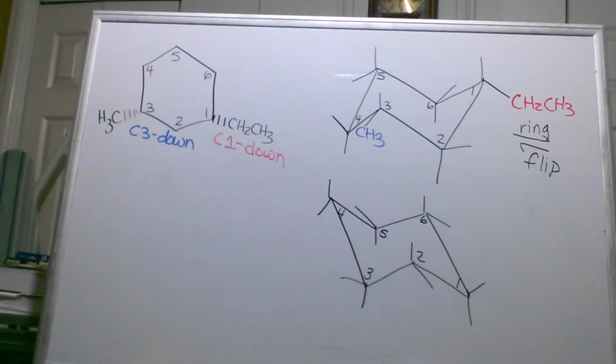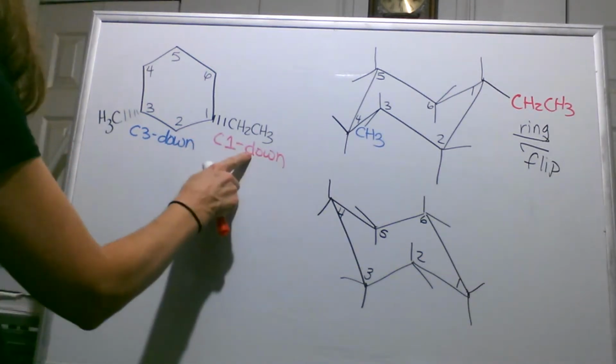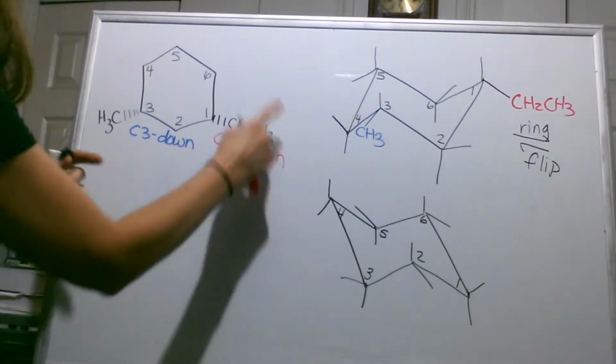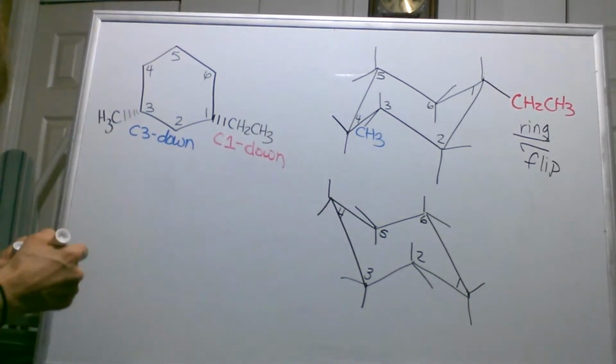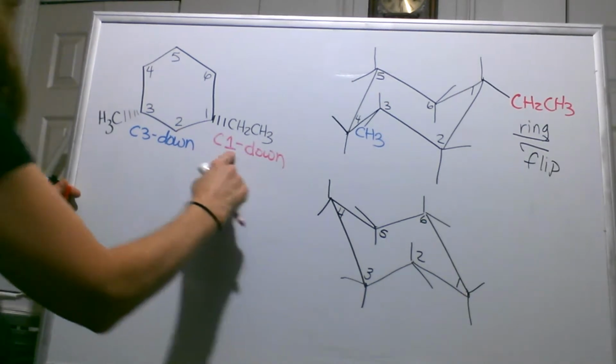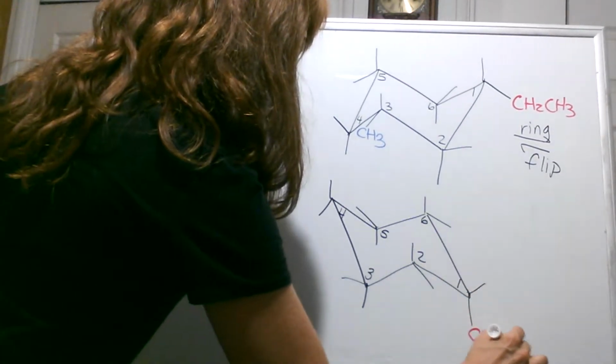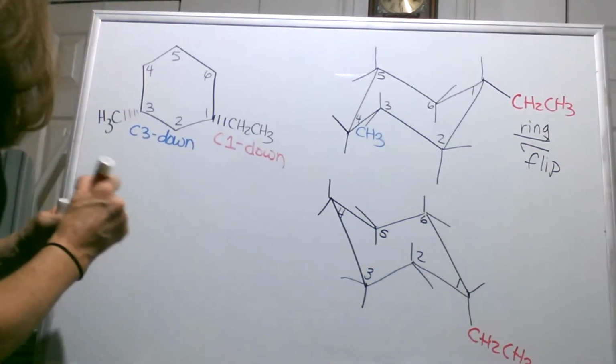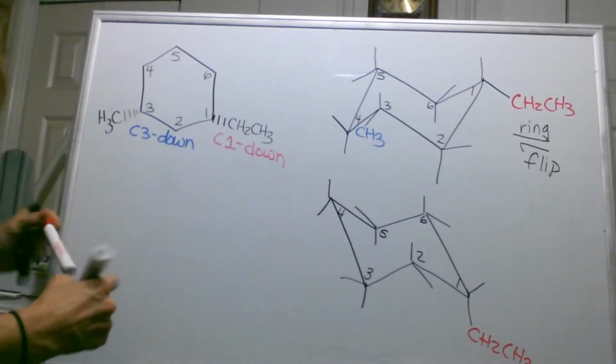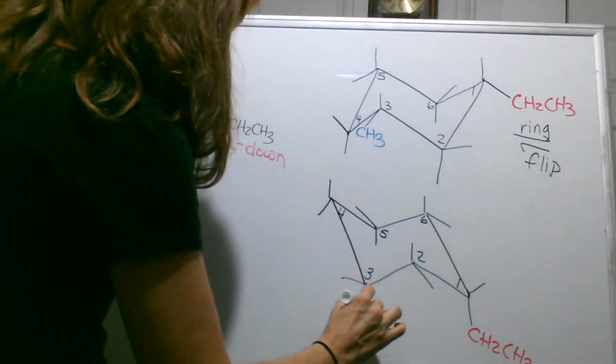And then the last thing that we need to do, we're almost done. See how fast this goes now? All we have to do is put the substituents on the carbon number in the direction that they need to be facing. So the ethyl group is on carbon 1, which is over here, and it's pointing down. The methyl group is on carbon 3, and it's pointing down.